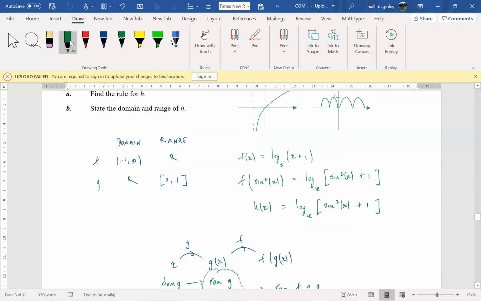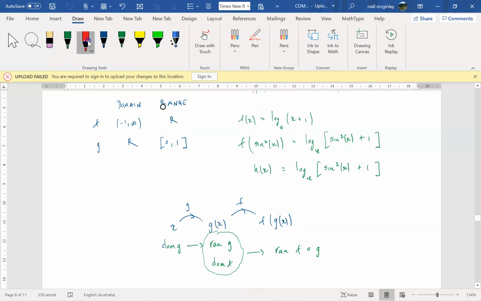Looking at our table, the domain of g is minus 1 to infinity. The range of g, I wrote that wrong. Let's do that again. The domain of g is R, and the range of g is 0 to 1. And the domain of f is minus 1 to infinity.